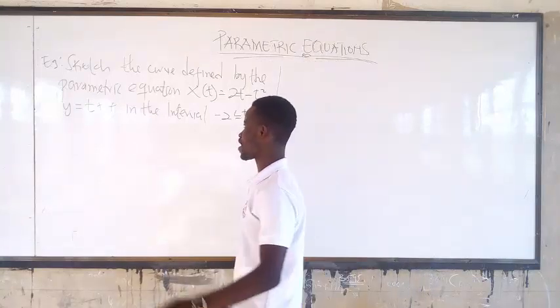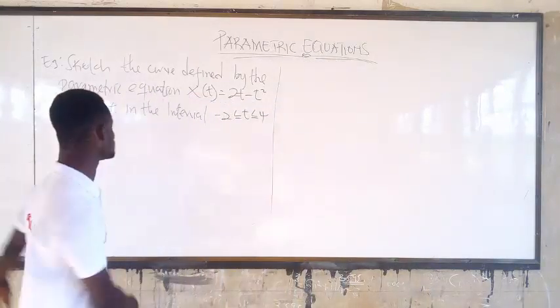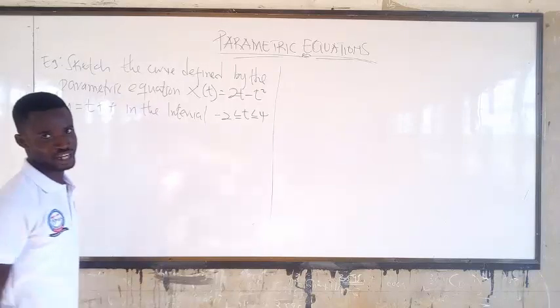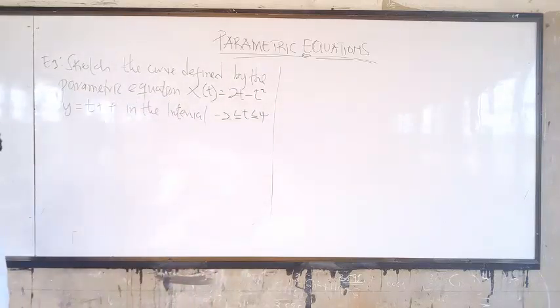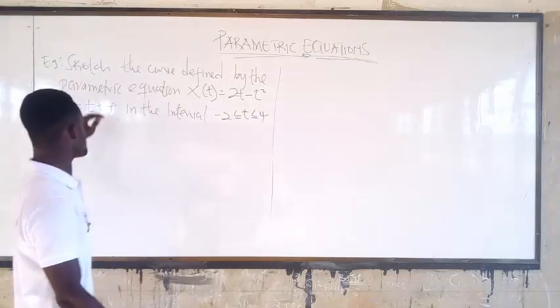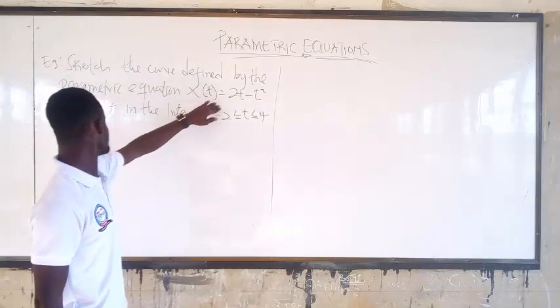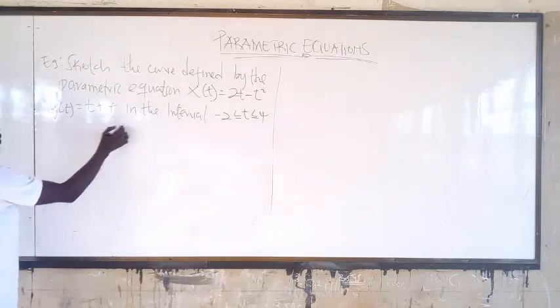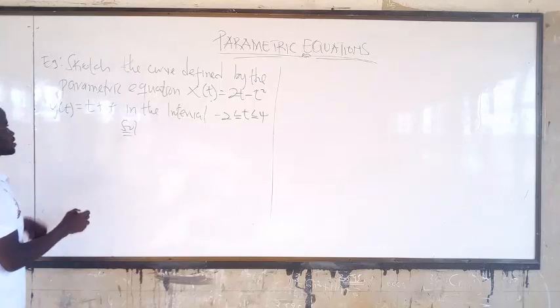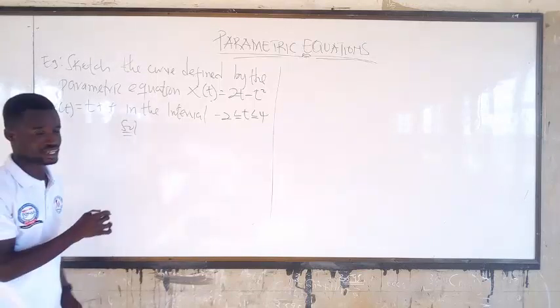Alright, welcome back to our first question in the parametric equation. Yes, and Nigerian man will say parametric equation. Alright, so let's sketch the curve defined by the parametric equation. This and that. So always you have to expect three things.